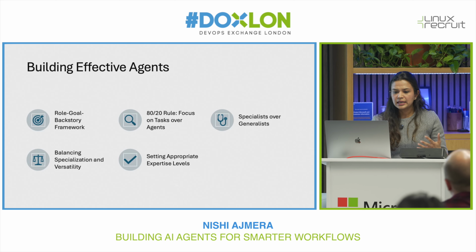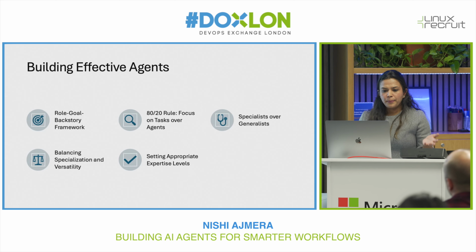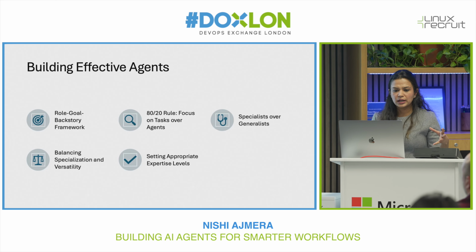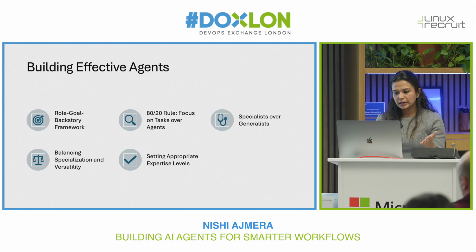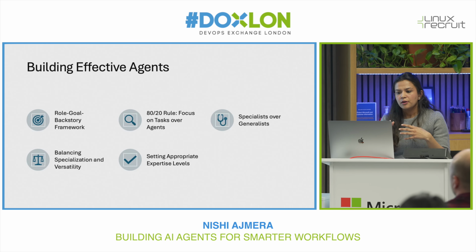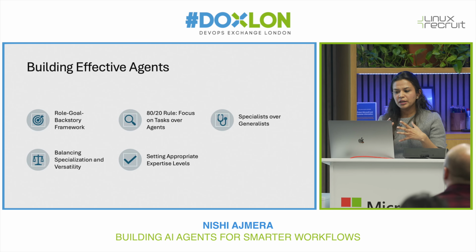Then the next thing is balancing specialization and versatility. So again, this relates to the previous point. Whenever you are creating an agent, make sure that the agent has some specialized skill which can be applied across multiple contexts, and avoid overly narrow definitions.